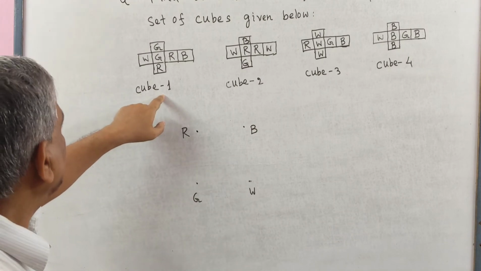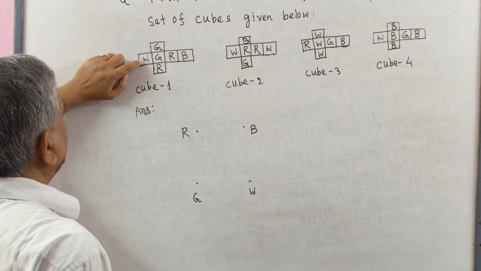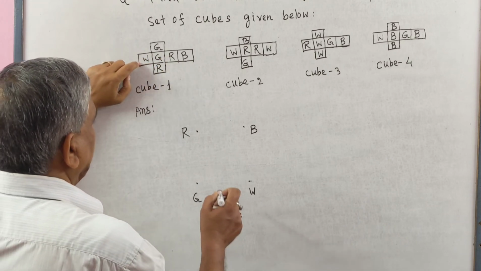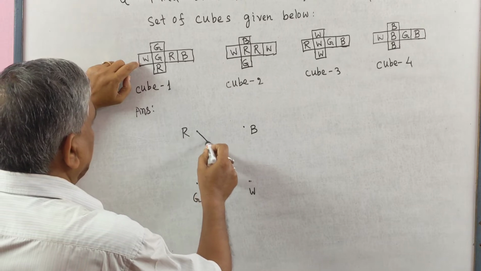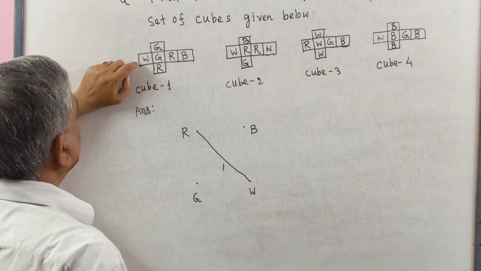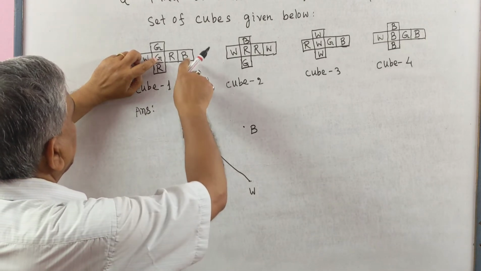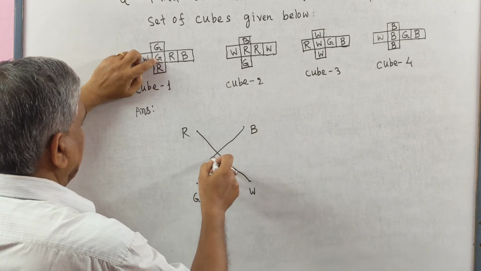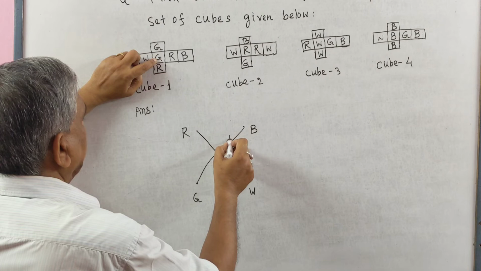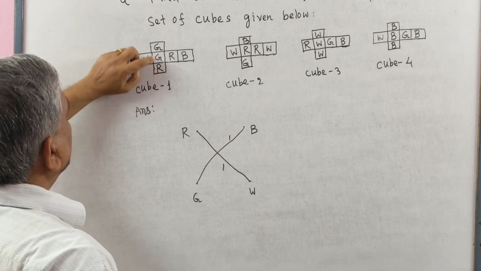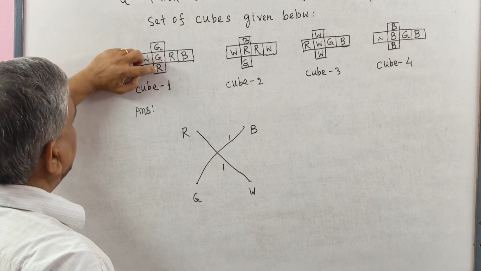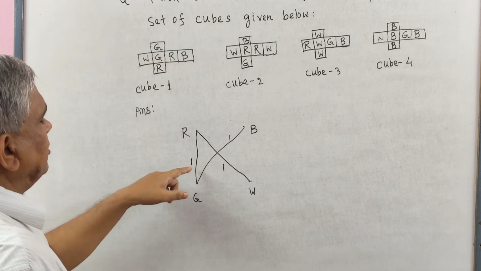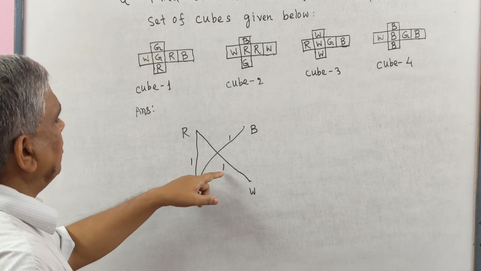Here for cube 1, we join opposite faces W and R, left and right face. This is front and this is back, G and B. Top and bottom, G and R, and we give the edge label 1.